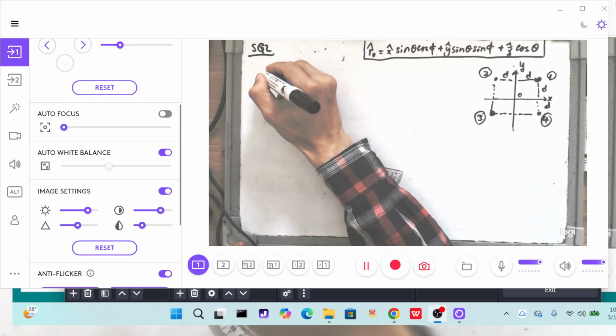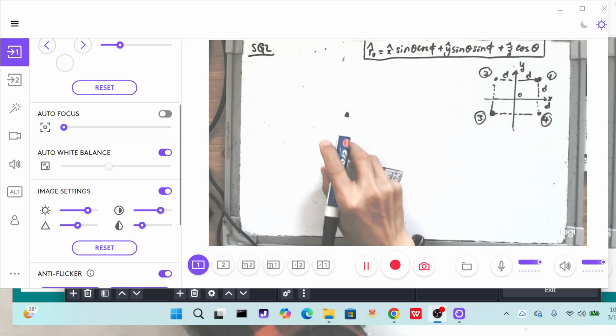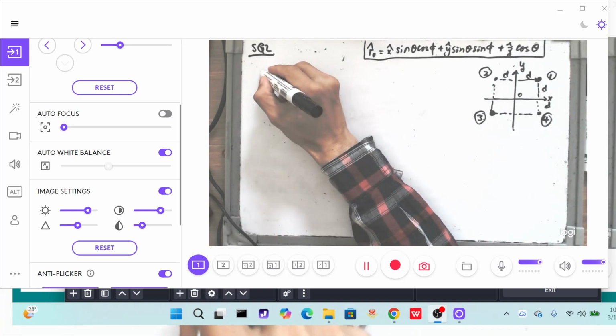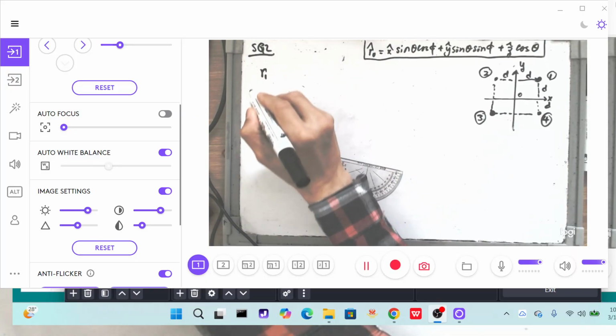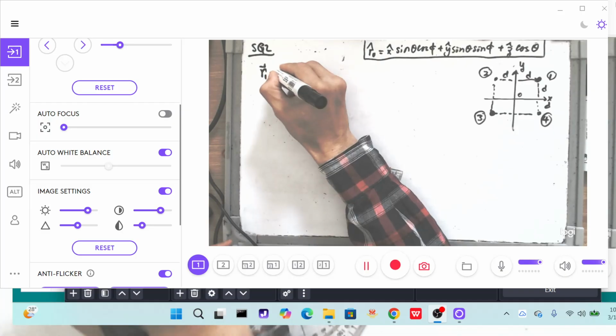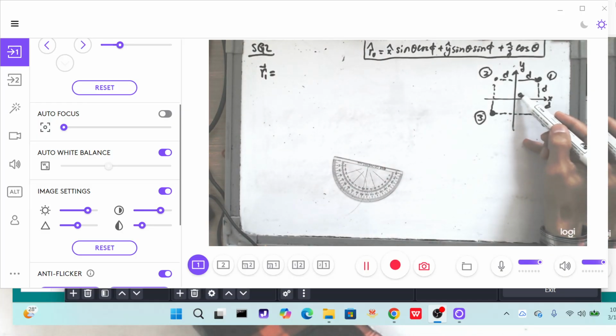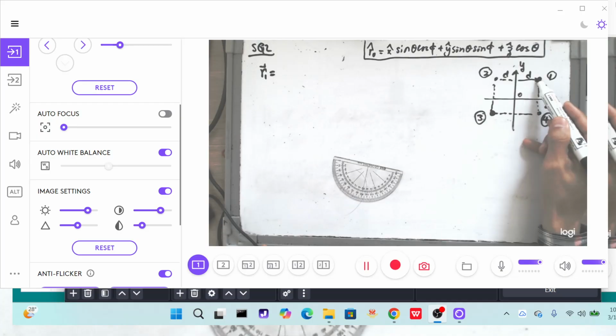Item 1 is R1. R1 is the vector identified by the position of this. The position, right?